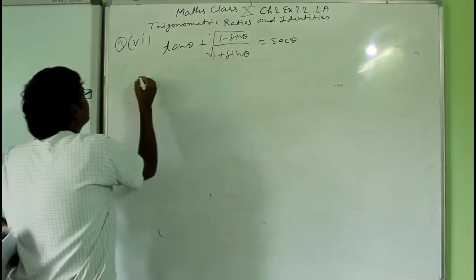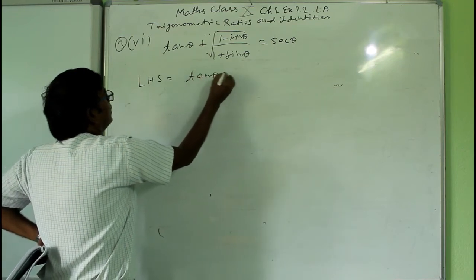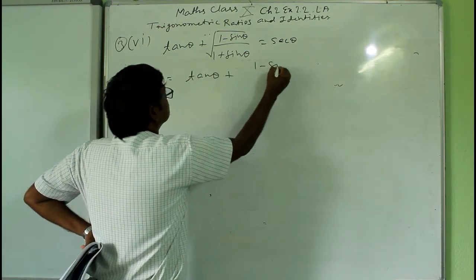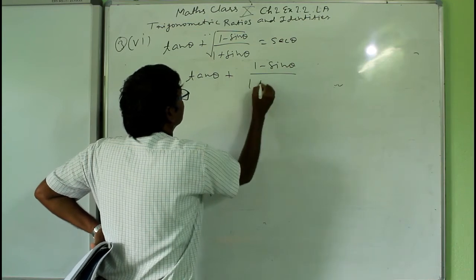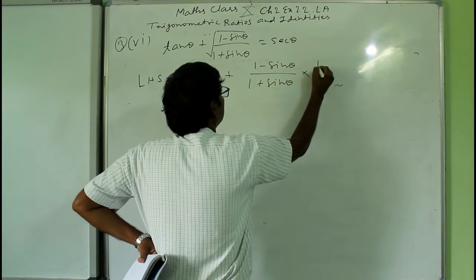Okay, so start with LHS. Tan theta plus, first, rationalize this 1 minus sin theta by 1 plus sin theta.